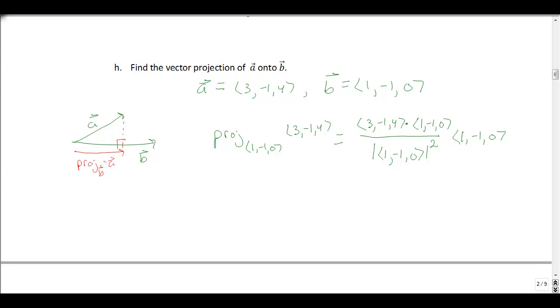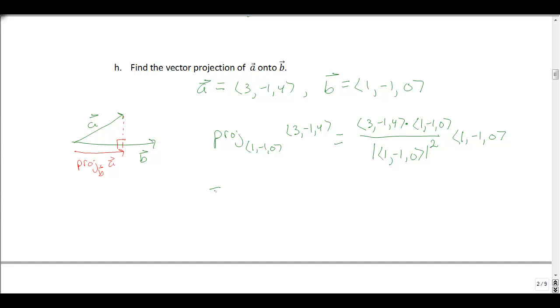So we get this projection here. And you'll notice here what I was thinking of is that what I'm getting is a multiple of B, 1, -1, 0, so that vector should point in the same direction as B, or perhaps in the opposite direction. This sort of perpendicular vector should dot to 0 with B, but that's not going to happen here.